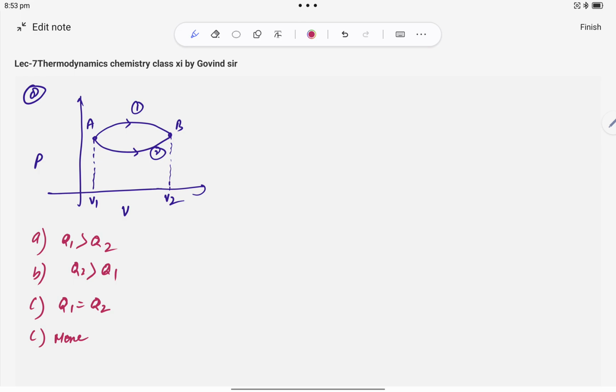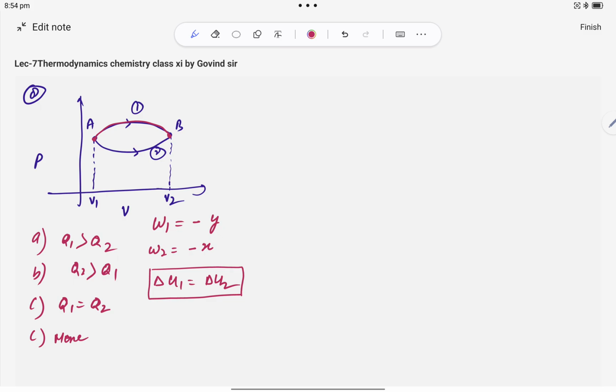Okay, children, tell me one thing, suppose for the first process, W1 is equal to minus Y, and for the second process W2 is equal to minus X. For both processes delta U1 is equal to delta U2, because delta U is a state function, it does not depend upon the path followed by the system, it depends upon the initial and final values, which are the same.